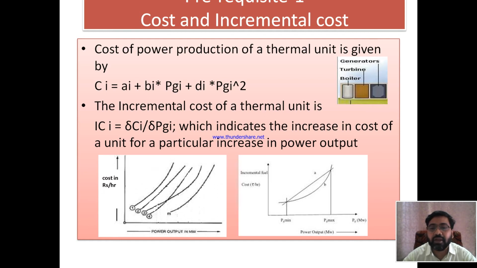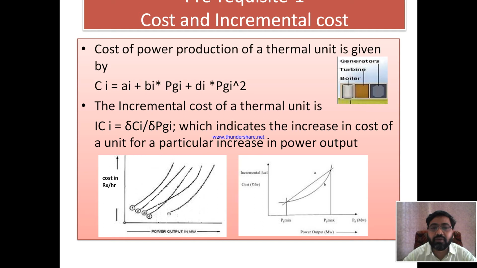You can imagine if you differentiate Ci, which is shown in this slide, with Pgi, then you will get Bi plus 2 Di Pgi. So that means your incremental cost curve is a straight line, of the form y equals mx plus c, whereas your cost curve is a curve, as the Pgi square component is also present.